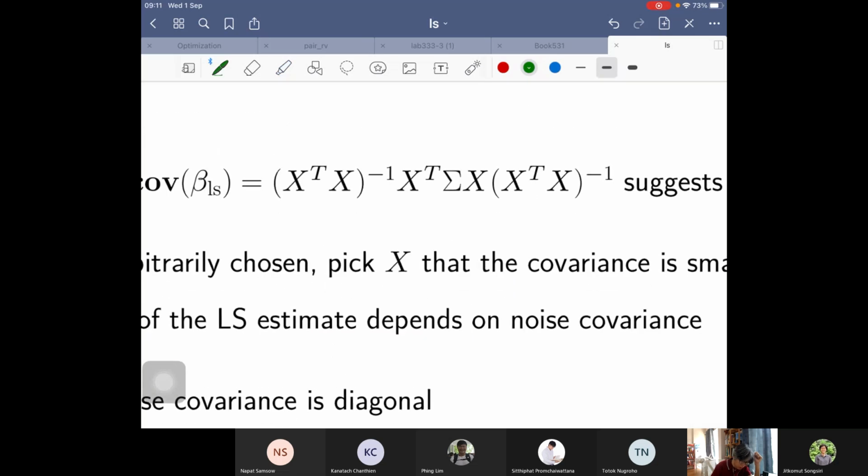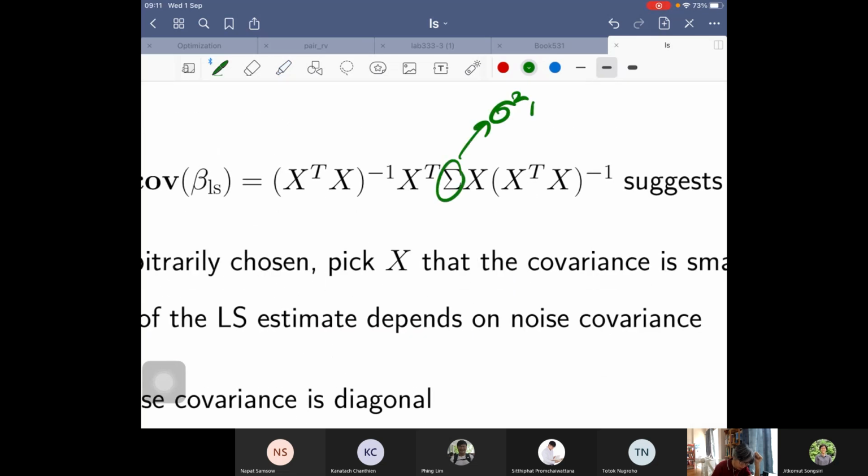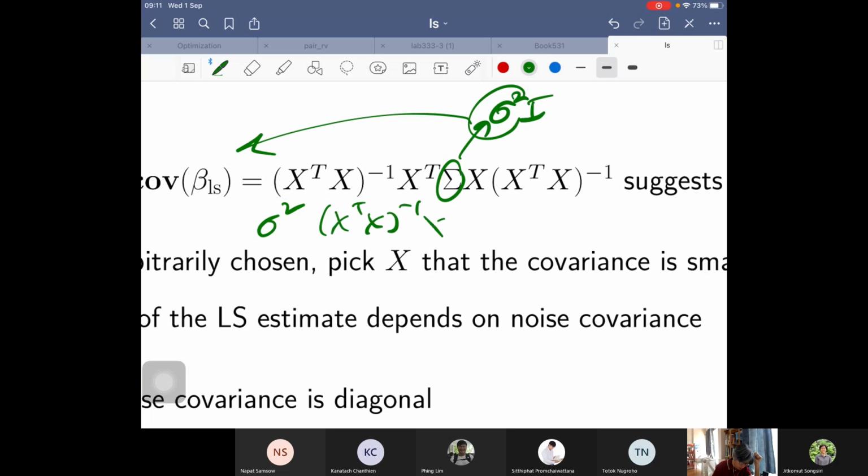Let's take a look at the second case, which is assumed most of the time. When sigma equals sigma square I, you can pull sigma square out, and some terms cancel out, and it reduces to sigma square X transpose X inverse.